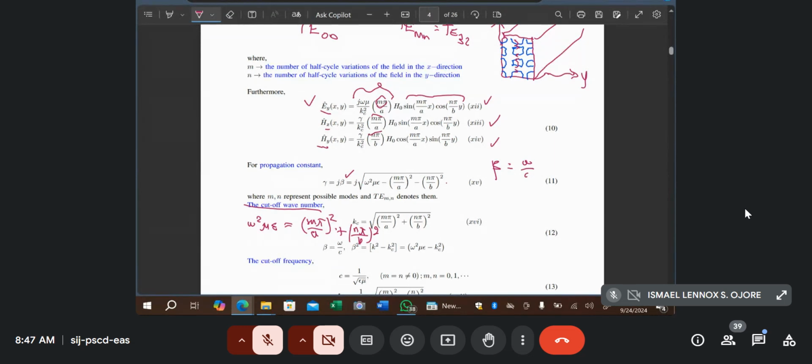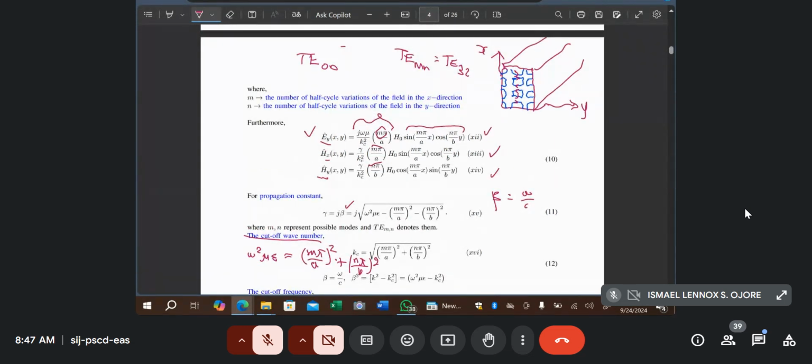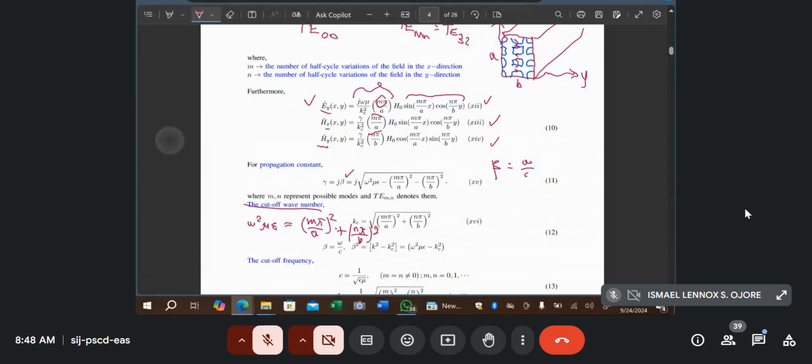Now, in this, normally we denote the length of the waveguide in the x direction as a and b for y. And conventionally, we will always take that a is more than b.